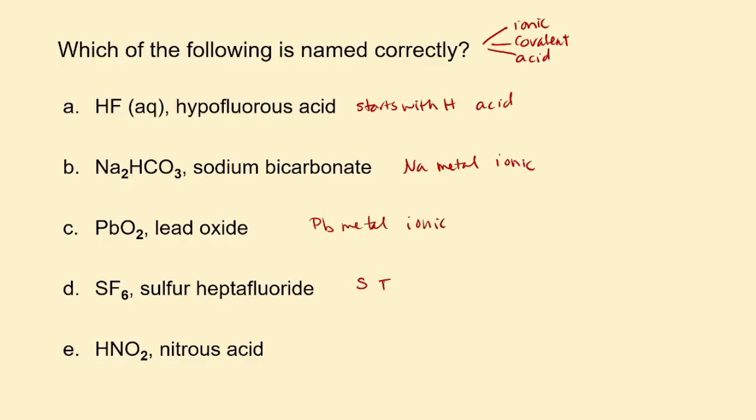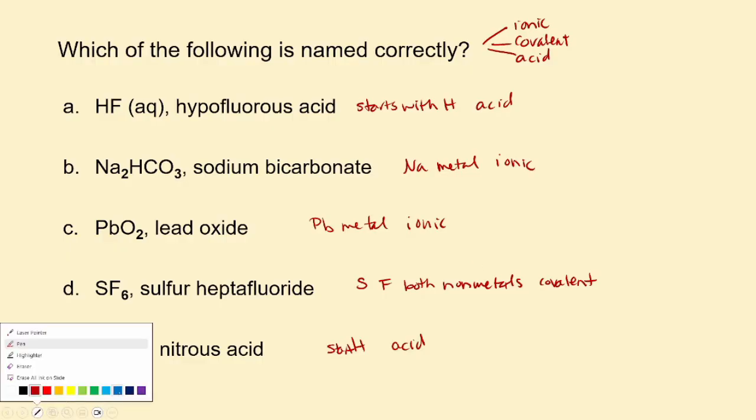Sulfur and fluorine are both nonmetals. So it's covalent. And this one starts with H, so it is an acid. Okay, so let's handle these one at a time, changing colors.